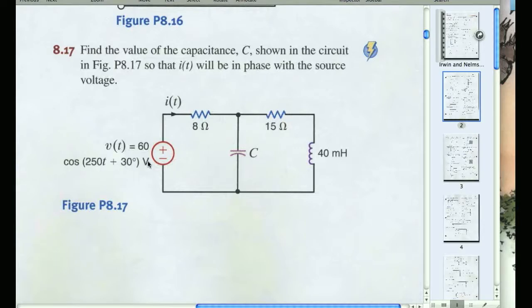Now, I'm going to get a current here. Depending on the value of the capacitor, that current may have a phase angle of 30 degrees or any degrees, right? It could be 0 degrees, -5 degrees, whatever. So the question is, can I pick a capacitance that will give me a current that is in phase with my input? Would anyone like to do this by hand?